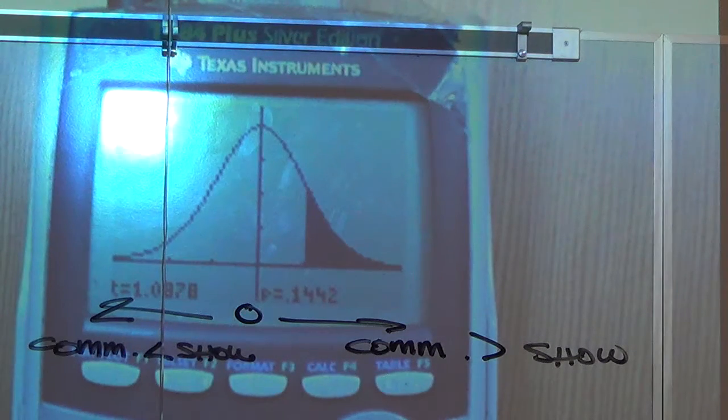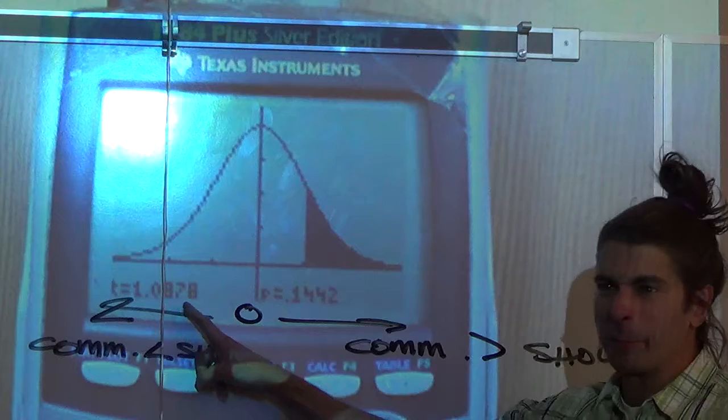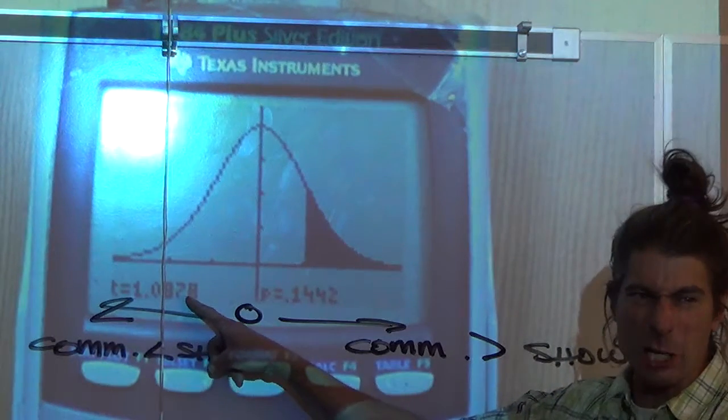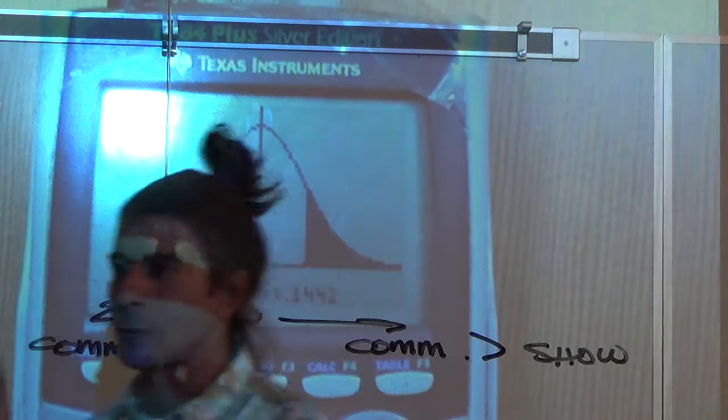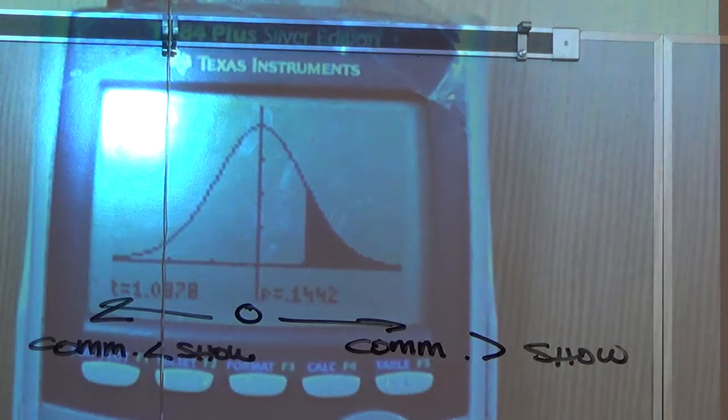Here we go. We got a test statistic, 1.09-ish. T equals, when it says with the correct variable, just write the variable t. T equals 1.09. 1.09 what? Standard deviation. Good! Yes! It's a standard error, standard deviation of the sampling distribution. Good. P-value, 14.42.